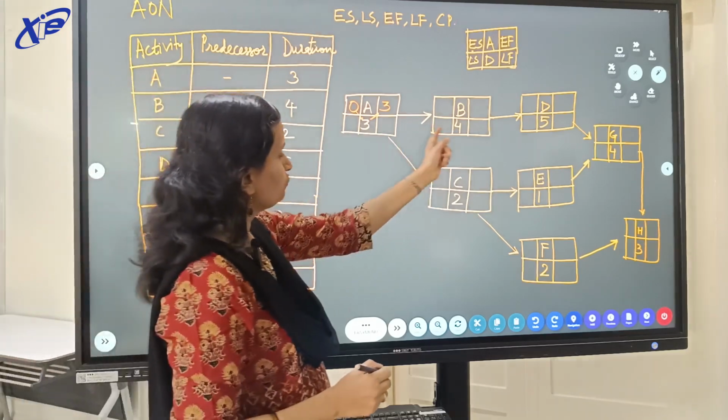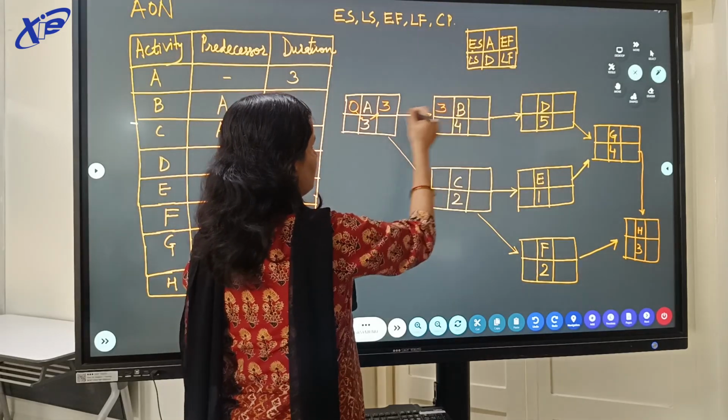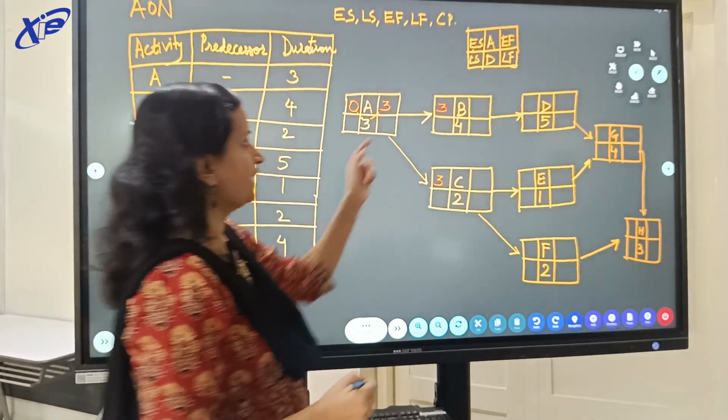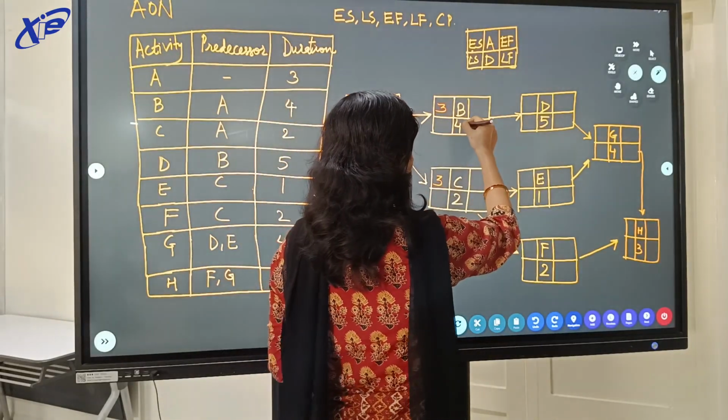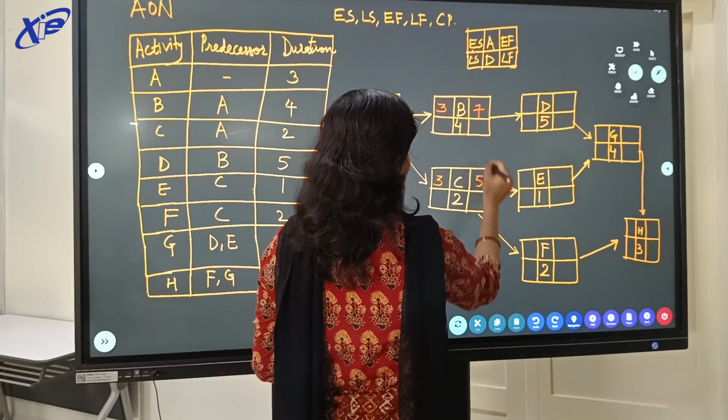Similarly, moving ahead to find the values for B and C, 3 will be taken at B and 3 will be taken at C. Again adding them diagonally, 3 plus 4 is 7 and 3 plus 2 is 5.